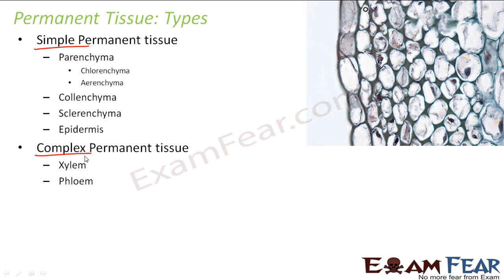Simple permanent tissue is classified into four types: parenchyma, collenchyma, sclerenchyma and epidermis. These are the tissues which fall under the category of simple permanent tissue. Similarly, complex permanent tissue is classified into two types: xylem and phloem.